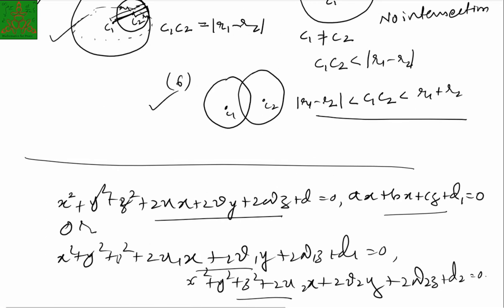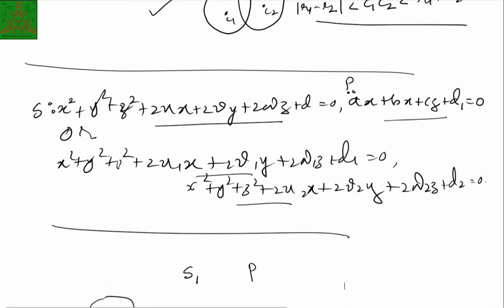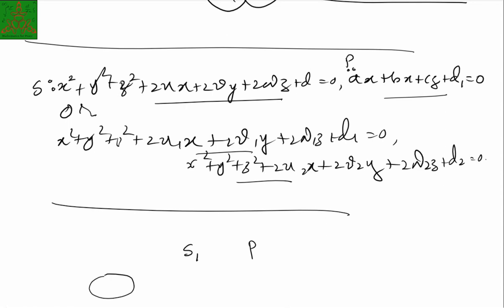If this is the sphere S1 and this is the plane P, then the intersection between the sphere and plane will represent this circle.